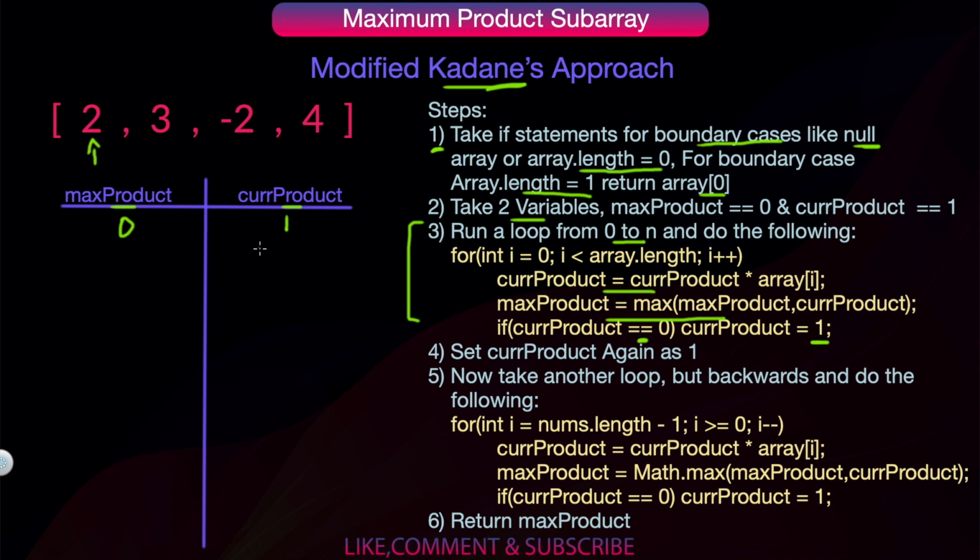Now we'll check our example, the third step. So we are at 2, this step is satisfied, so our current product will be 1 into 2, which is 2, and our max product will be 2. Now we'll go to 3. So 2 into 3 equal to 6. Our max product will be updated to 6 because of this step.